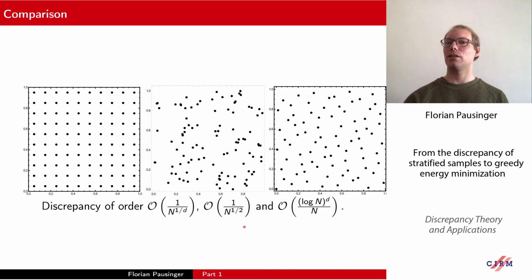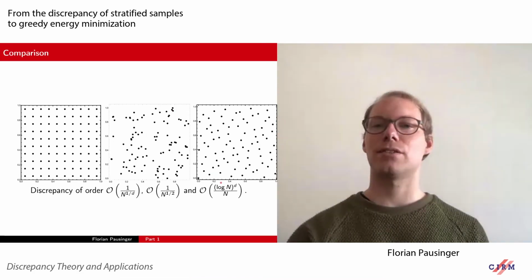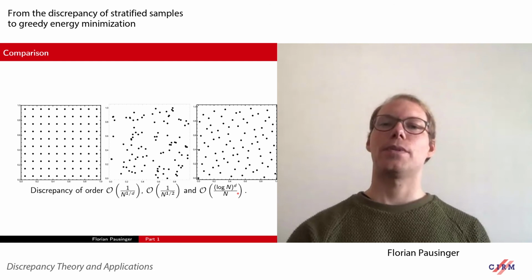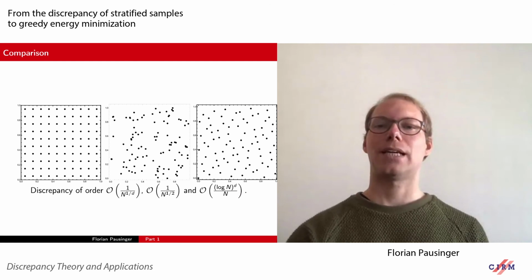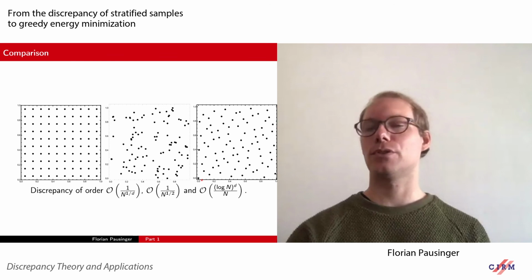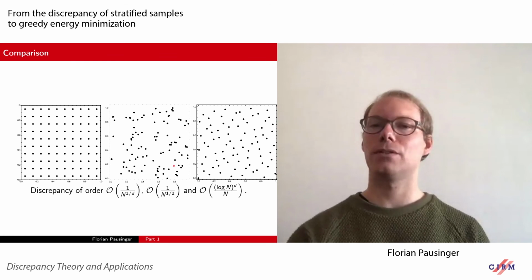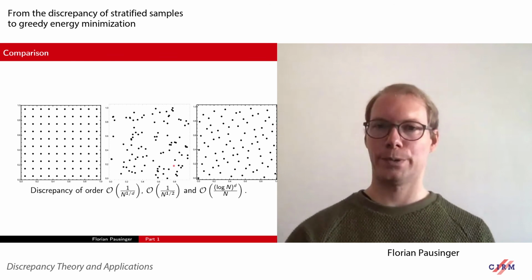And just as a final remark here, in the case of random points, you can always observe this clustering. This is due to the fact that these points are all independent random variables, so they do not know anything about each other. And it turns out that this leads to a certain kind of clustering, which you circumvent by clever constructions in the case of low discrepancy point sets. And this phenomenon will be important also in part 2.